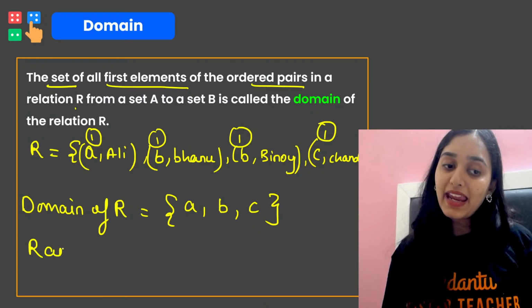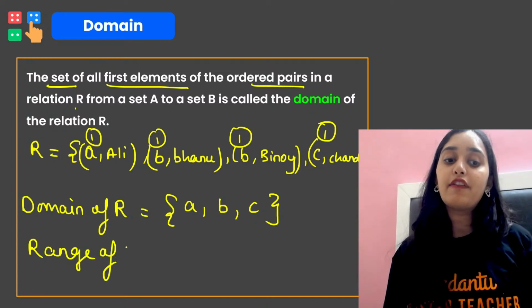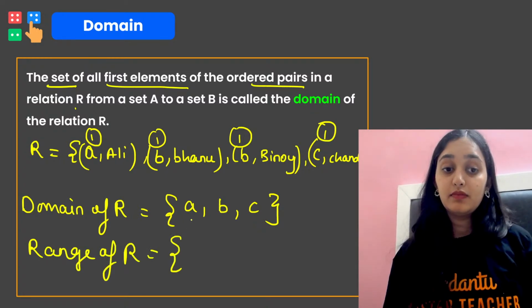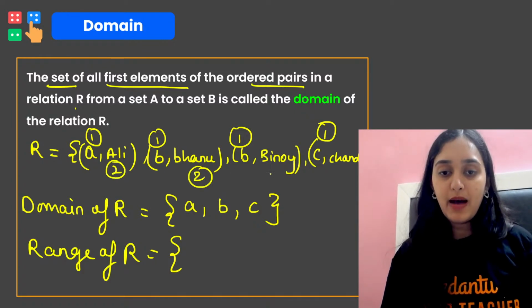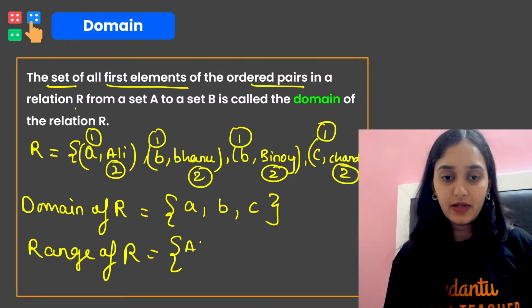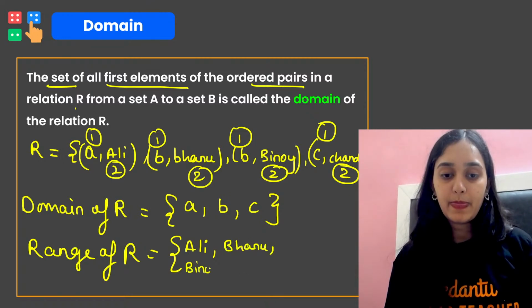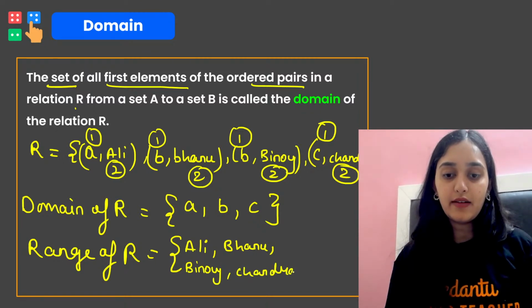What is the range of R? Now, range is all the second elements. Ali, Bhanu, Binoy, Chandra.